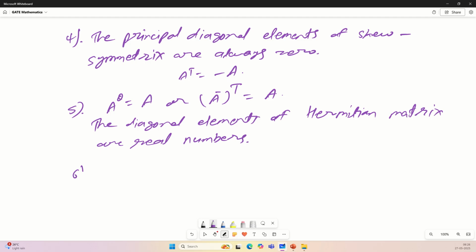Let us take the next property. The diagonal elements of a skew Hermitian matrix are purely imaginary or 0. So here, in real ones we had always 0, but for skew Hermitian these principal diagonal elements can be 0 or purely imaginary.